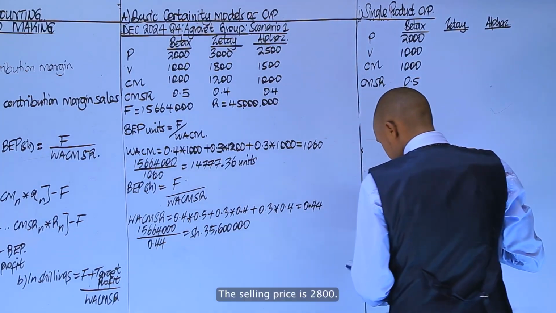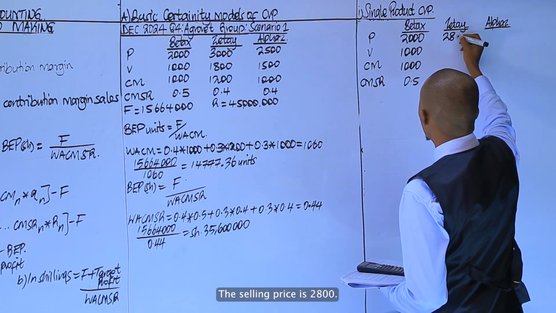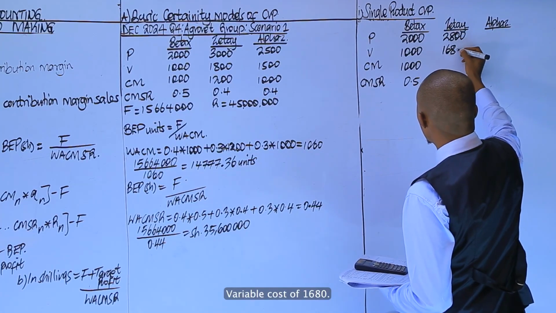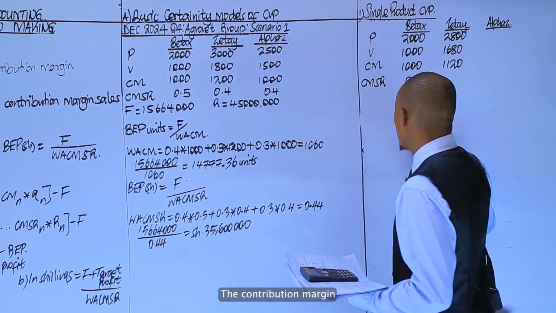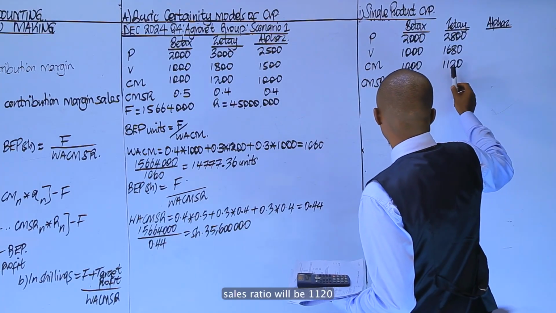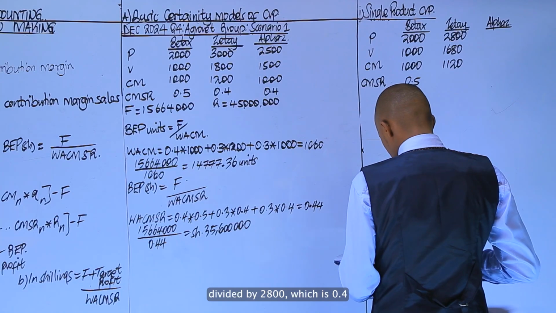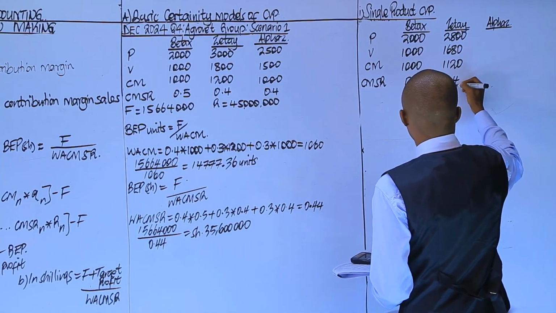Zeta, your selling price is 2,800, variable cost of 1,680. The contribution margin sales ratio will be 1120 divided by 2,800, which is 0.4.